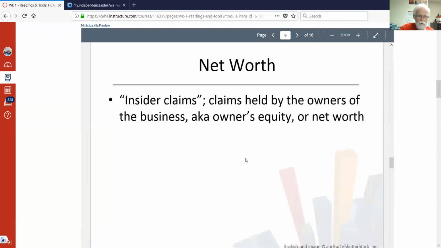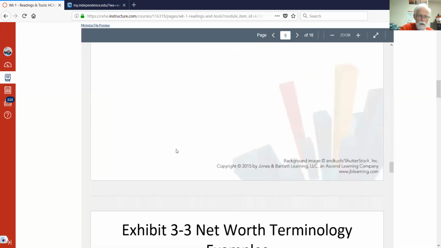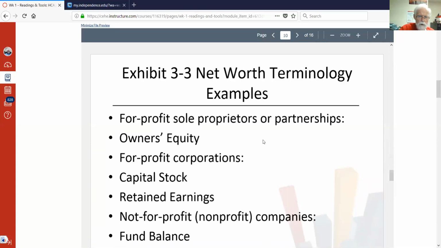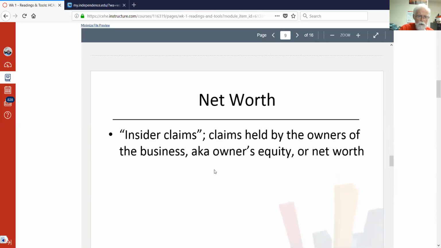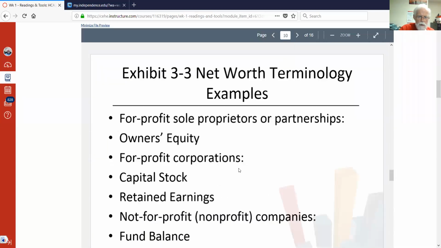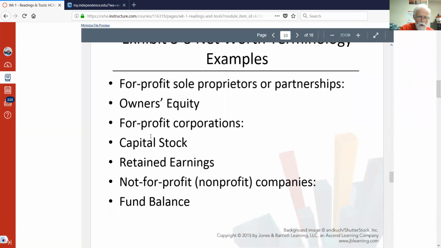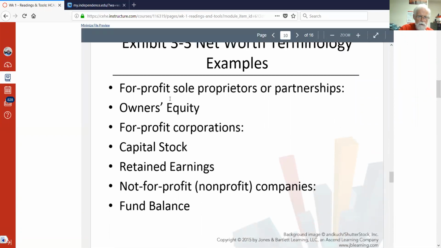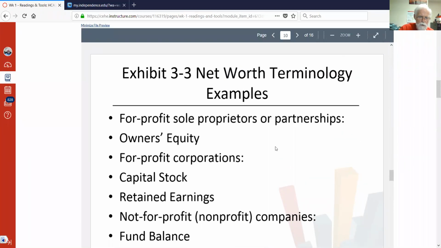Net worth is the difference between assets and liabilities, basically. Between what we have and what we owe. So we have a lot of different examples of what goes into the terminology of net worth.